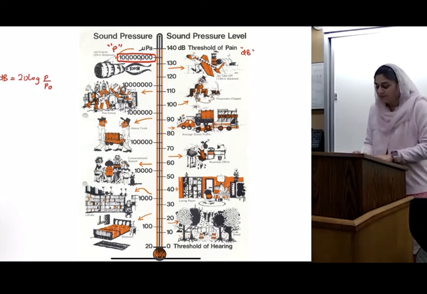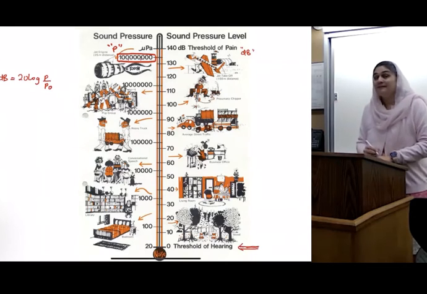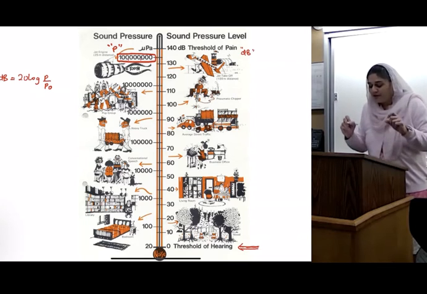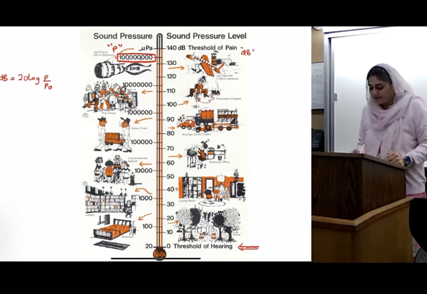So the threshold of hearing, if you look at this point right here, in the decibel scale is 0, easy. In the sound pressure scale it is 20. Whereas just a light rustling of leaves is about 20 on this scale, whereas 100 and, I don't know, maybe 130.